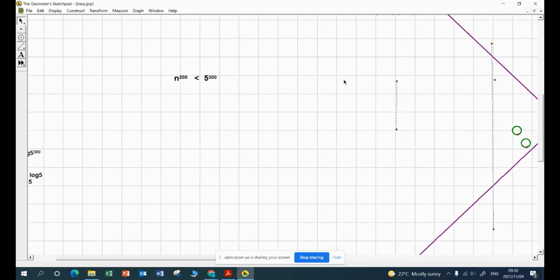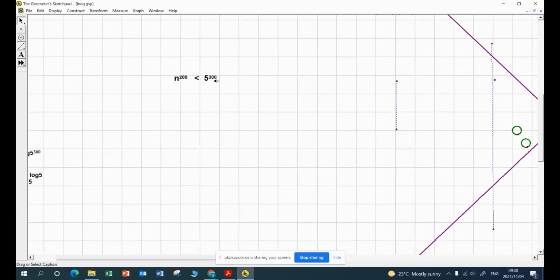If a is equal to b, then you can square both sides, find the square roots, or cube both sides. So you can divide both exponents by 200, which is the easiest of the lot. That will give you n to the power 200 divided by 200, 5 to the power 300 divided by 200, which will give you n is less than 5 to the power 3 over 2, and you can simplify that.